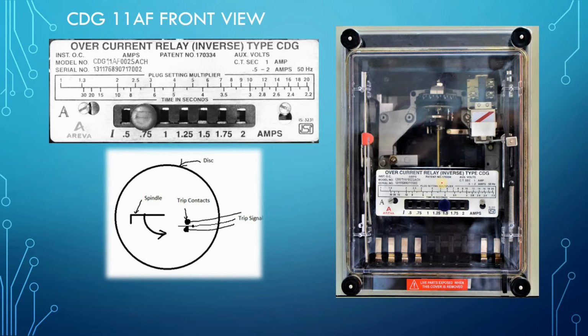For example, if this relay is used in some particular type of load and the load requirement is to trip the circuit if the current is 3 ampere, then correspondingly you have to set the PS and the TSM so that the relay acts at 3 ampere of current within 3 seconds.